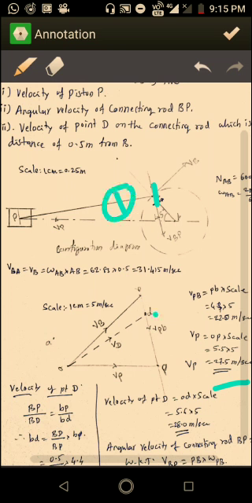The point D is in between the points B and P.